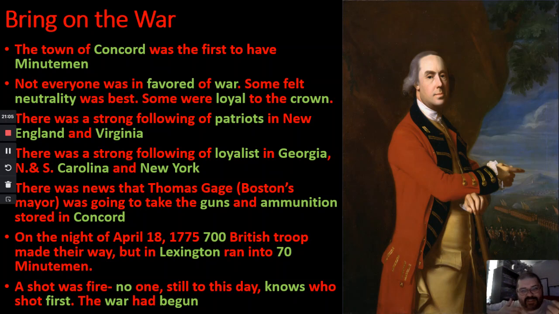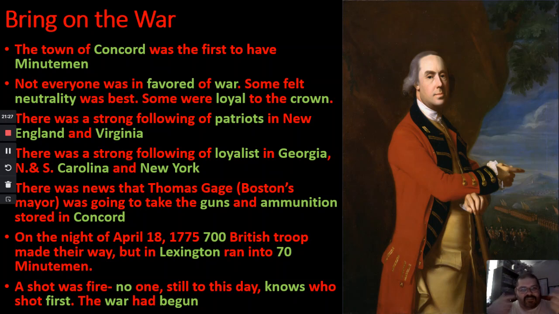Both sides just waiting. Neither side wants to shoot because they know once either side shoots, all hell's going to break loose and it's going to cause a domino effect. One thing leads to another, leads to another.